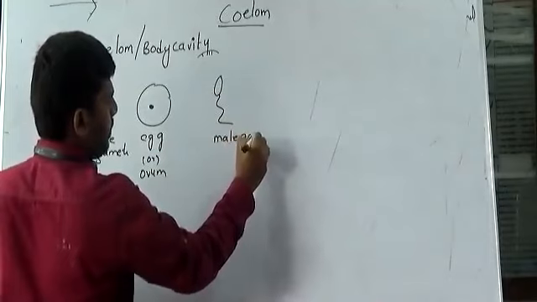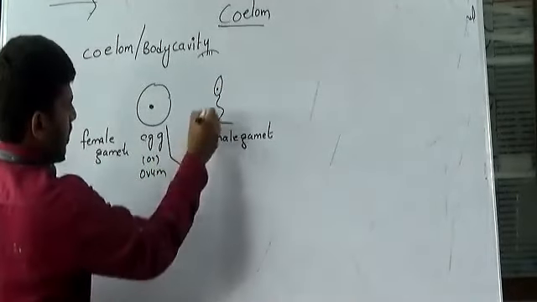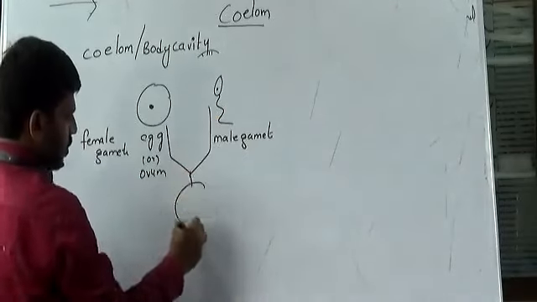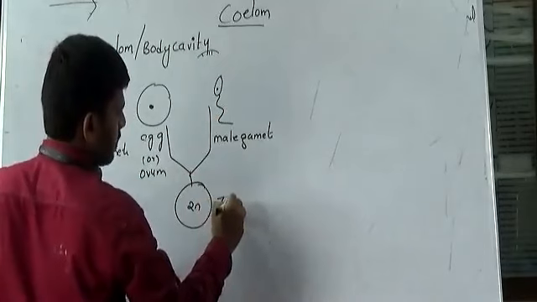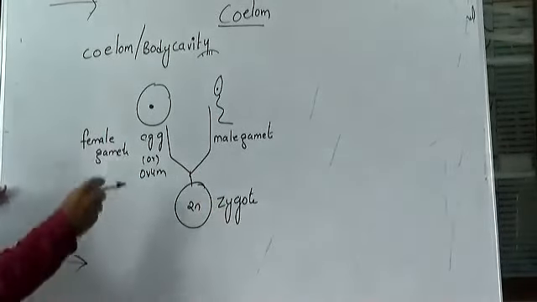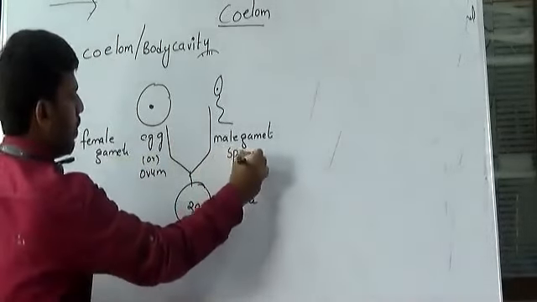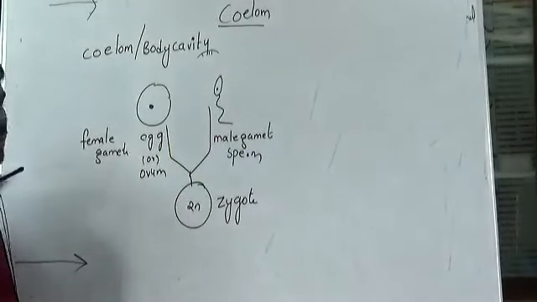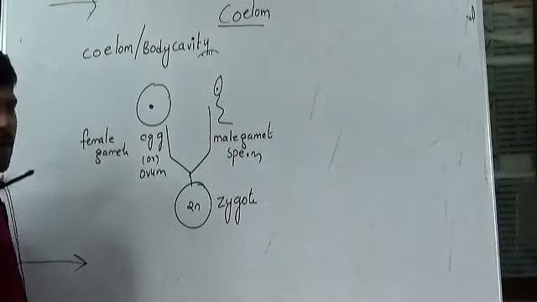Fusion of gametes results in the formation of zygote, which we call as 2n stage, the diploid stage.